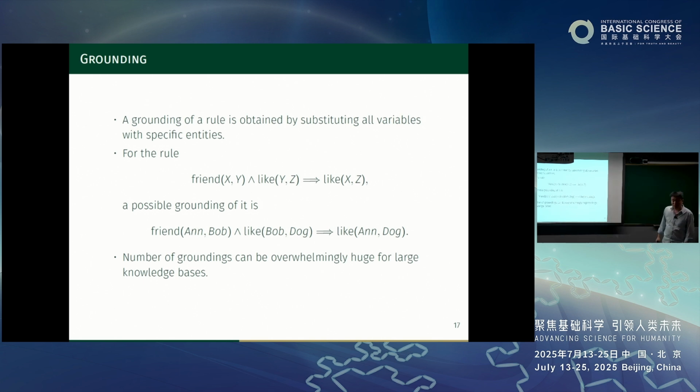Very simple. But you can think that for a very long rule, if the knowledge base is very large, you have many entities and many relations, all kinds of groundings, right? The groundings can be overwhelmingly large, especially for a huge knowledge base.